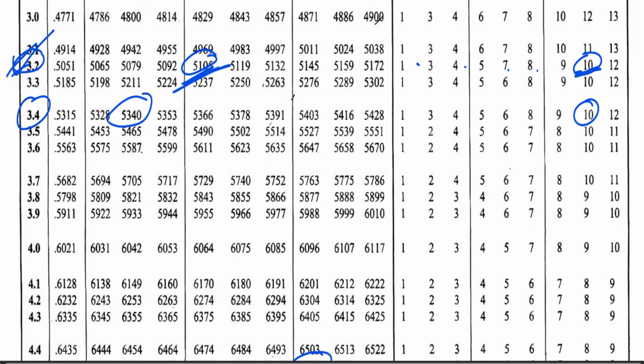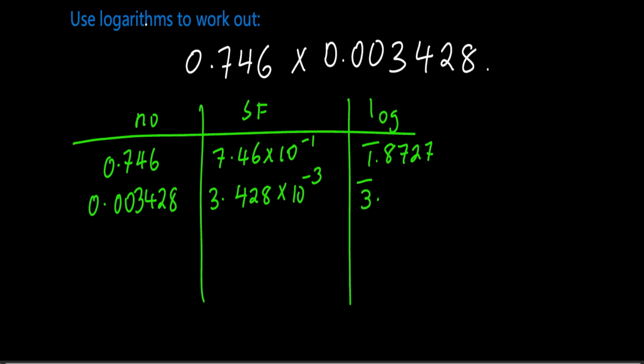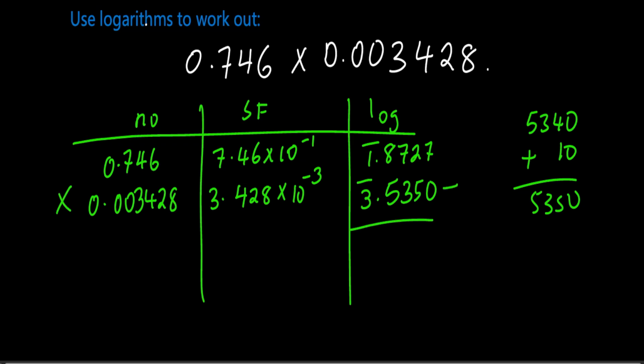Remember, 40 plus 10 gives you 50, so you get 5350. The next step, since this is multiplication, you're supposed to add the logs. So let's add the logs.